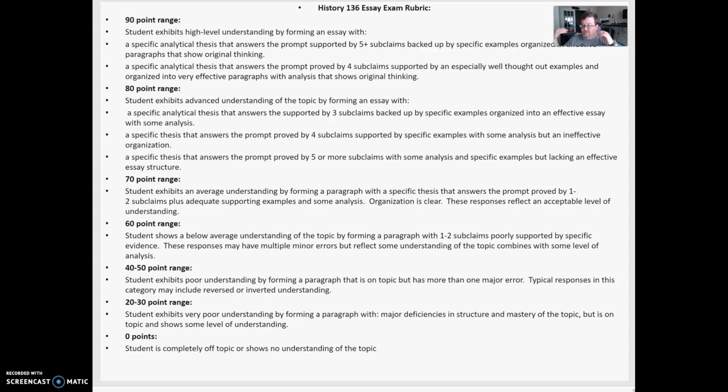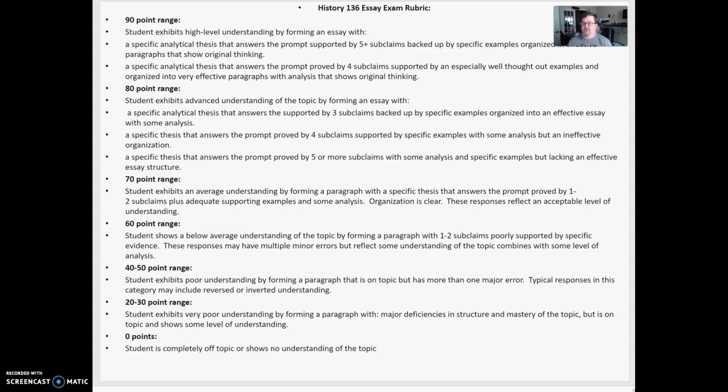To get all the points that you can, you need to go beyond what the book says and come up with something new. Now, it may not be new in the history of the world, but something that shows that you're thinking beyond just what the textbook says.